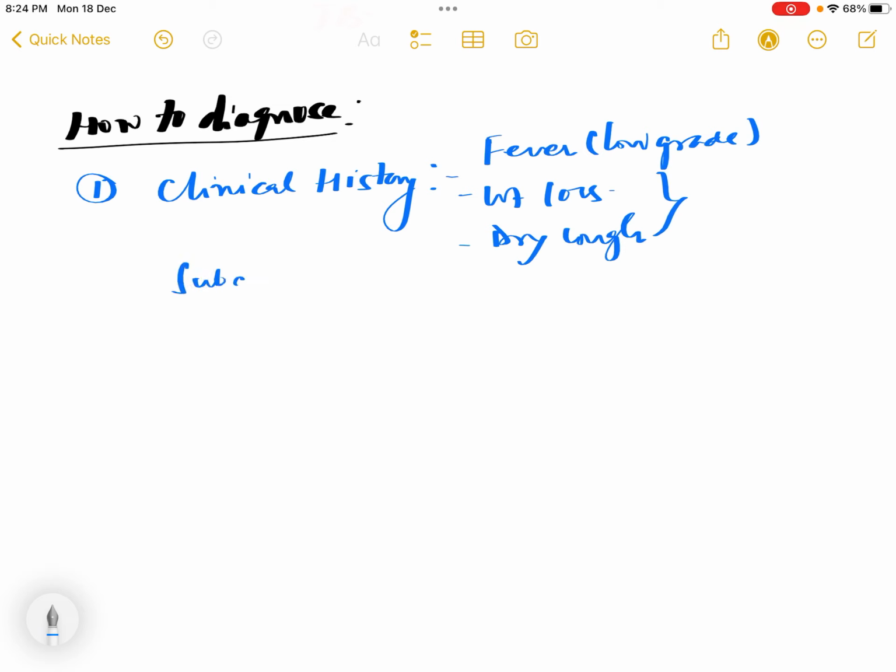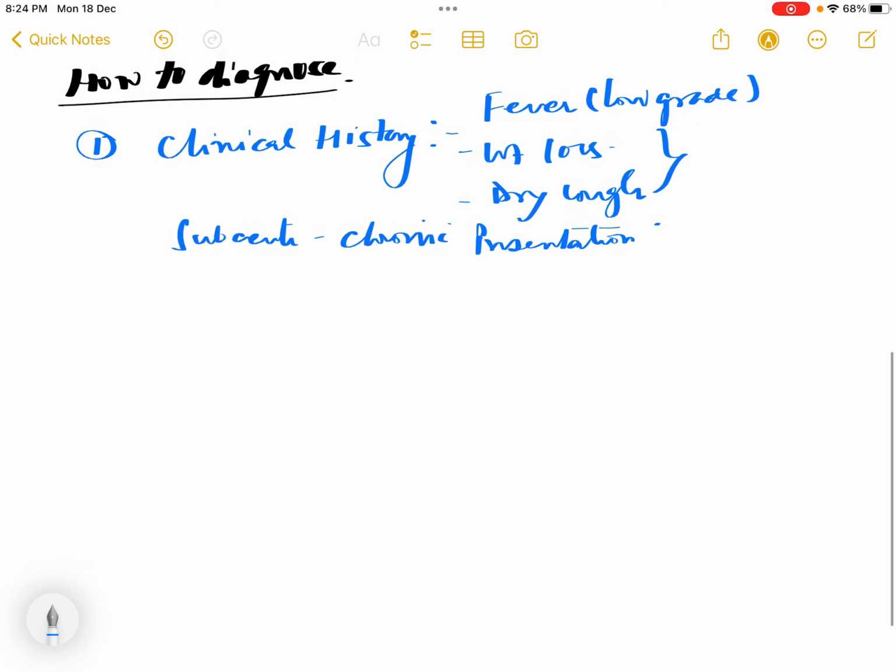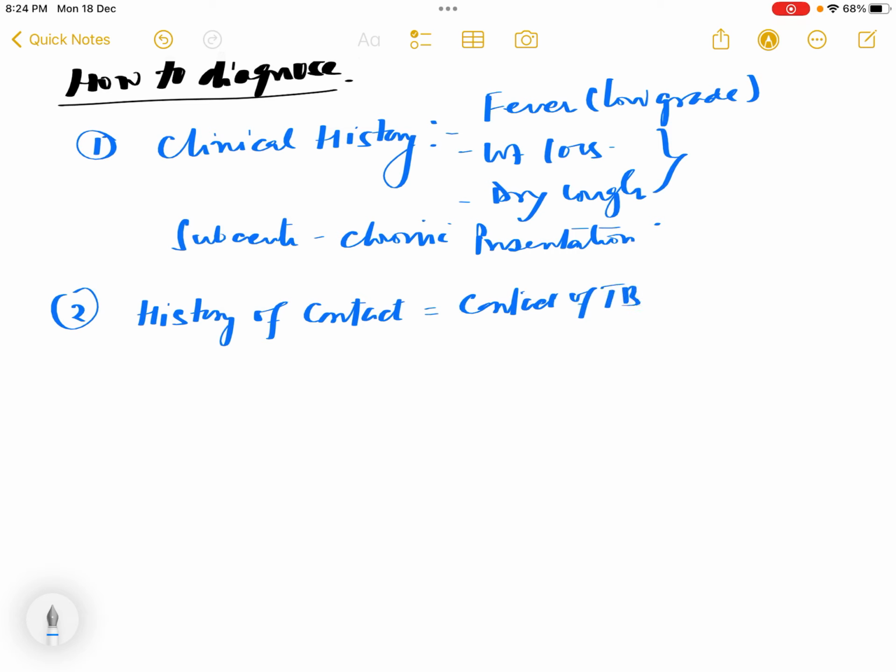Usually a subacute to chronic presentation. Alright. One important point is history of contact. That is very important. Sometimes the patient has a history of contact of TB in the family.